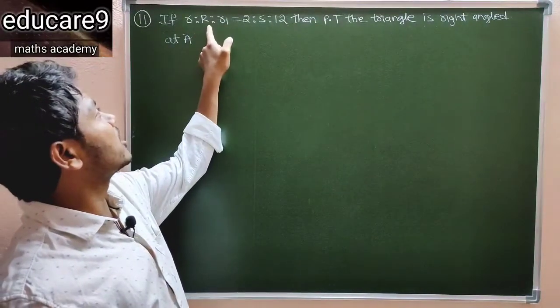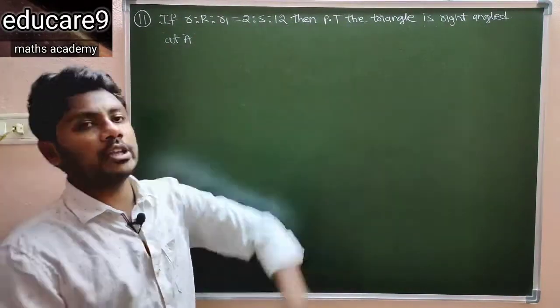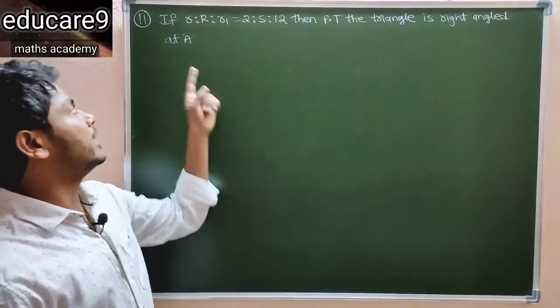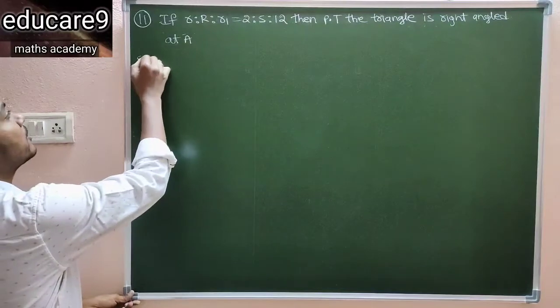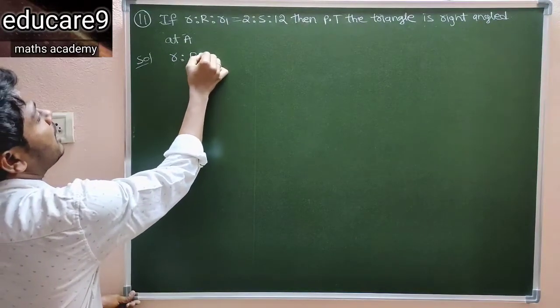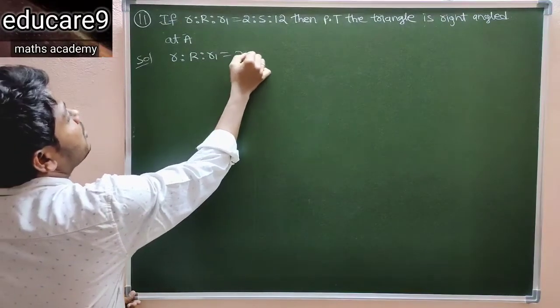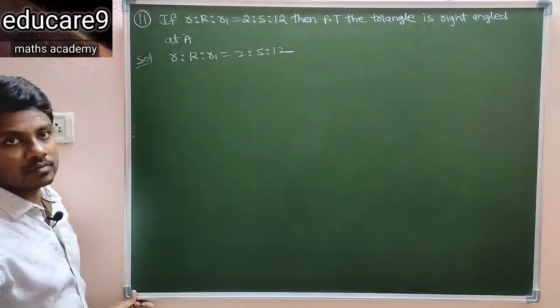If small r is to capital R is to small r1 is 2 is to 5 is to 12, then prove that the given triangle is right angle triangle at the vertex C. So see a solution. Given small r is to capital R is to small r1 is 2 is to 5 is to 12.